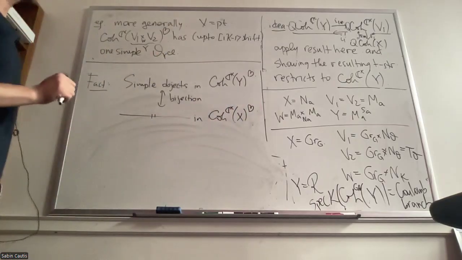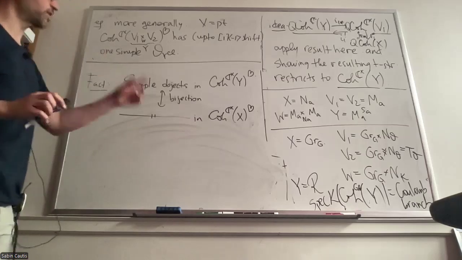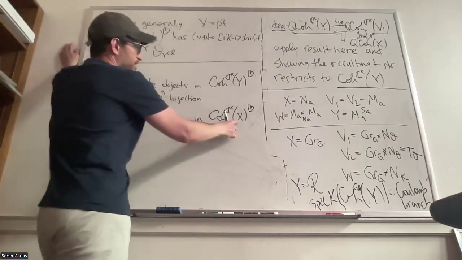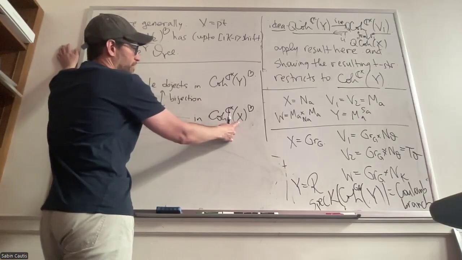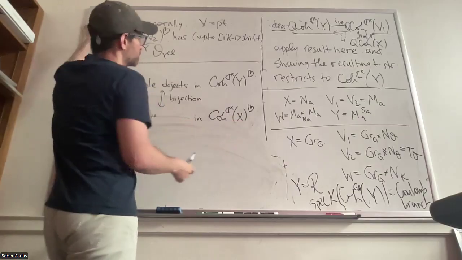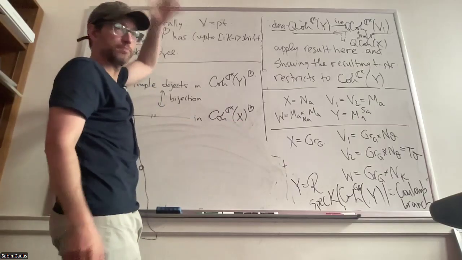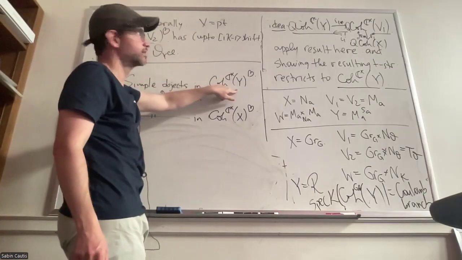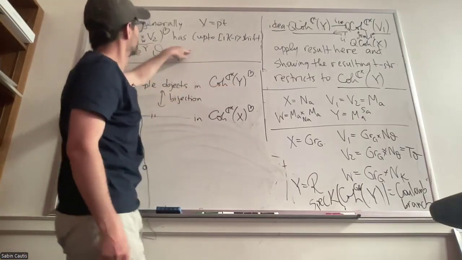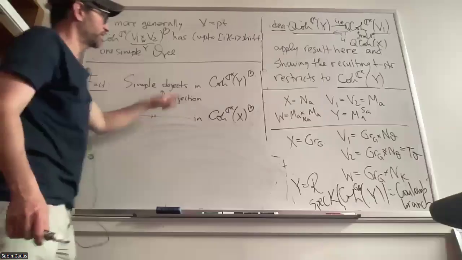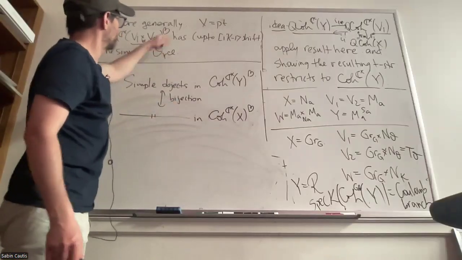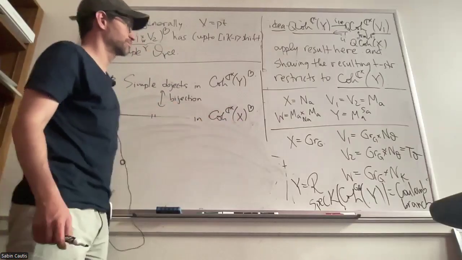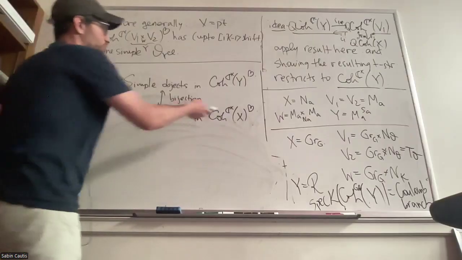So we saw this in the case X is a point. I told you at some point there's only one simple object up to shift, and likewise on a point there's only one simple up to shift. But this is true more generally.